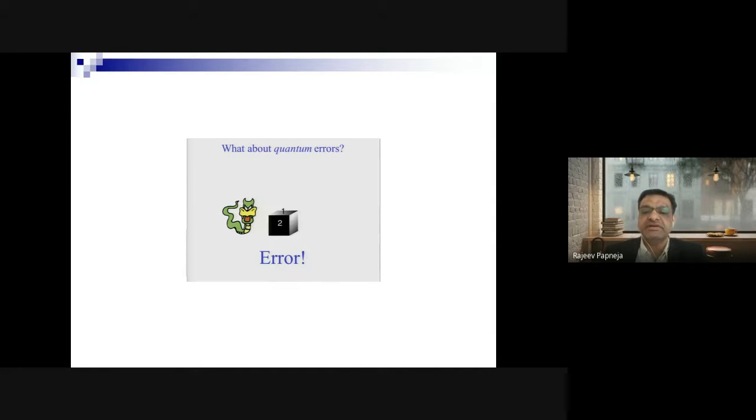Now he has tampered with the bit, but instead he could open door number 2 and change the color of the ball and close the box again. So the first type of error is just like a bit flip error that occurs in classical information. The second type is what we call the phase error, and it really has no classical analogy.